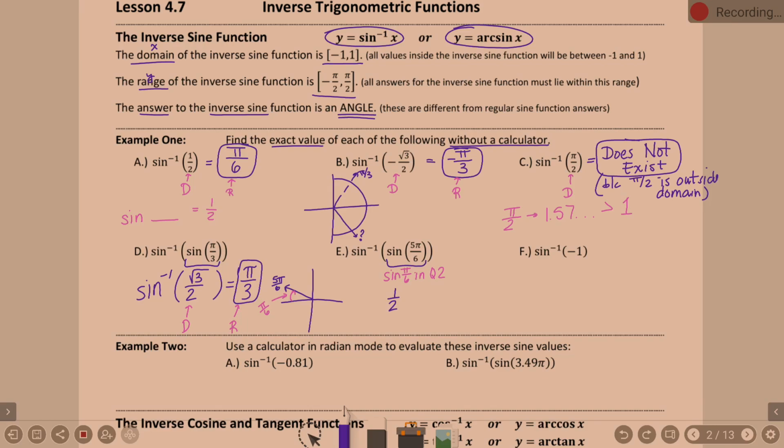What do we know about quadrant 2? All students take calculus. So that's a sine quadrant, so it's going to be positive, yes? Okay. So now I'm asking myself, what is the sine inverse of 1/2?